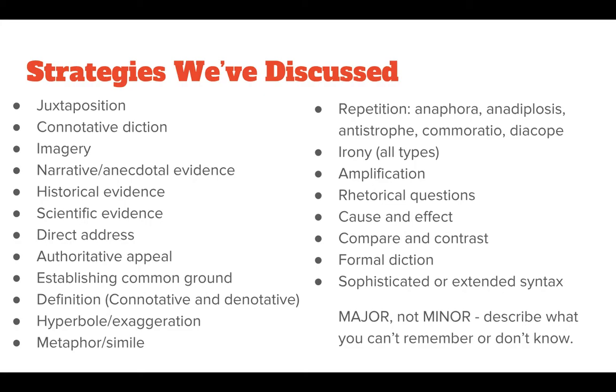However, describe what you can't remember on the AP exam and on your final exam. If you don't remember the name of it, describe what the writer is doing. If you can't remember connotative diction, you could say the author is using important word choice or is using words that have an emotional connection to the audience in order to convince them to do something.